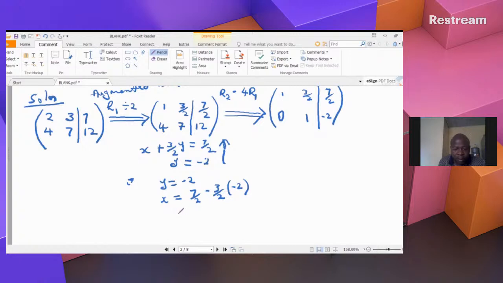So what do we have? We have 7 out of 2 plus 3, where the LCM is just 2. And this will be 7 plus 6, which is 13 out of 2.